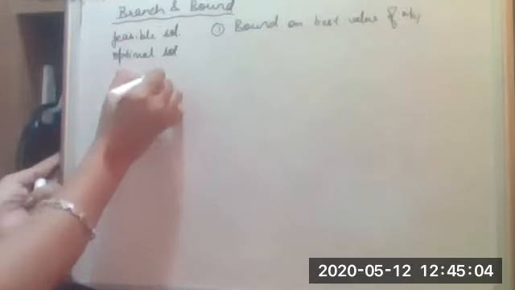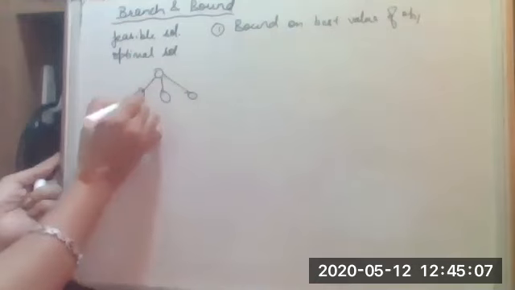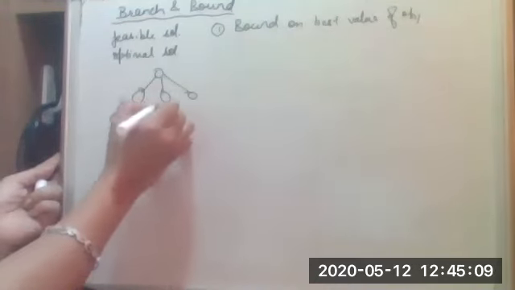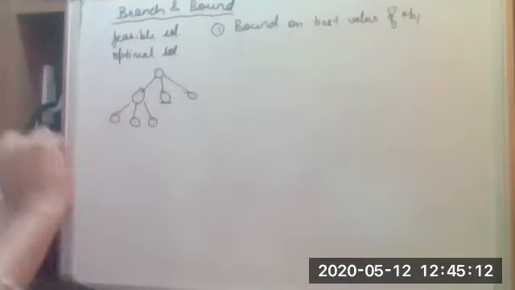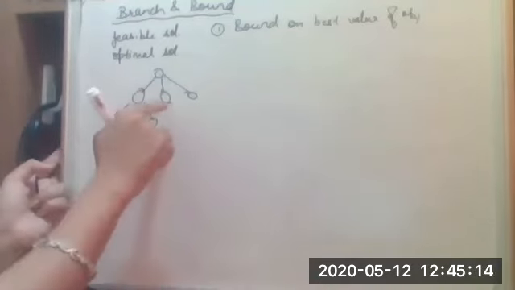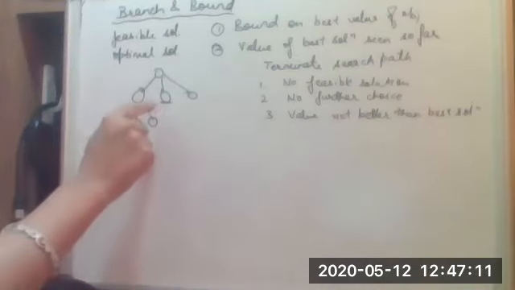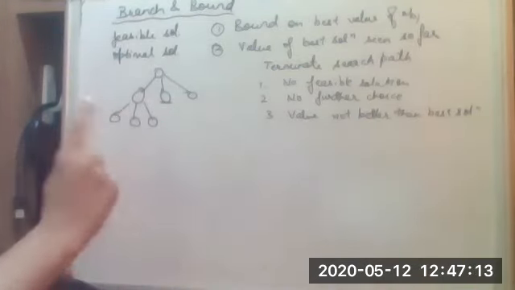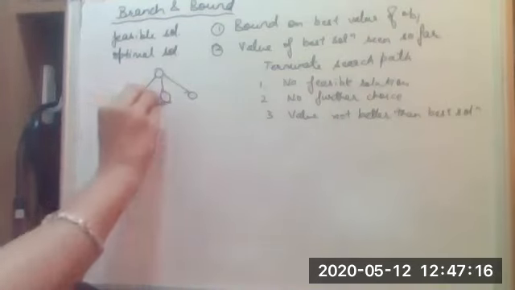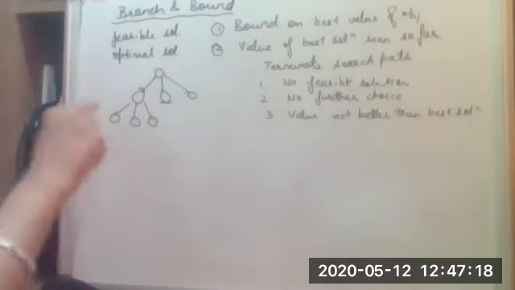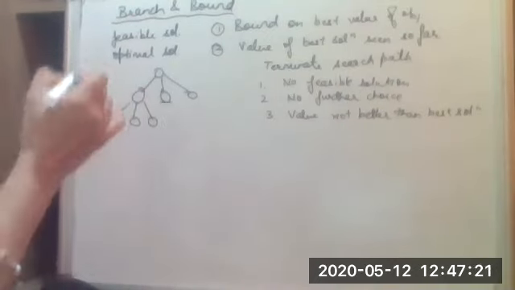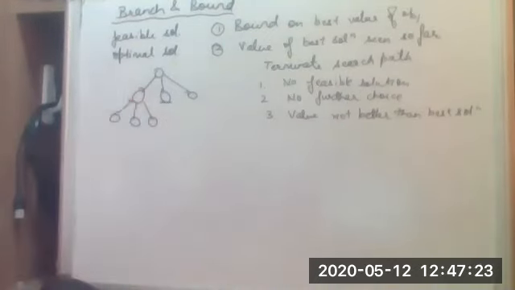If this is my state space tree, at any given point we want to find out what the bound on the best value is at that particular node if we consider the other components also.